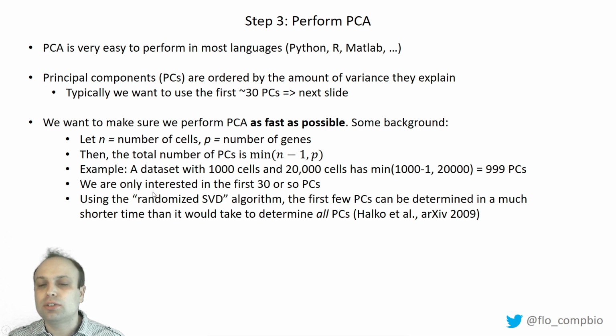There's an algorithm called randomized SVD, which allows you to determine the first couple of principal components very fast, much faster than if you wanted to determine all the principal components. This algorithm is described in this paper here, and you want to make sure you use it because it's much faster than everything else.